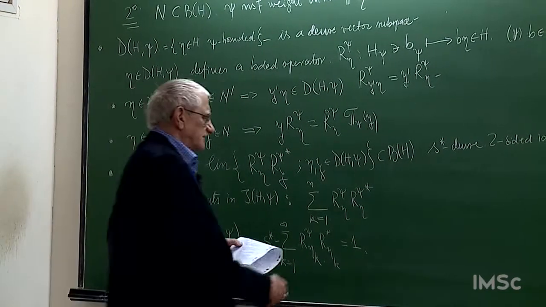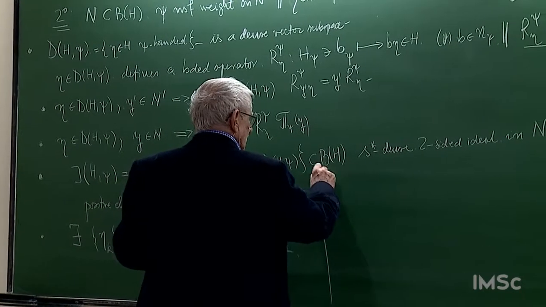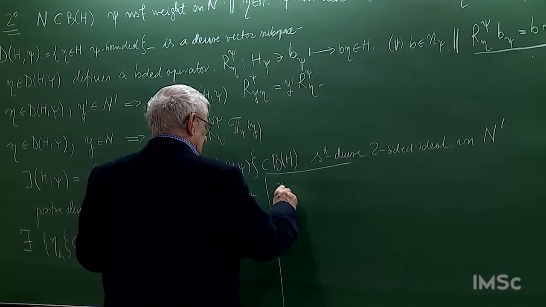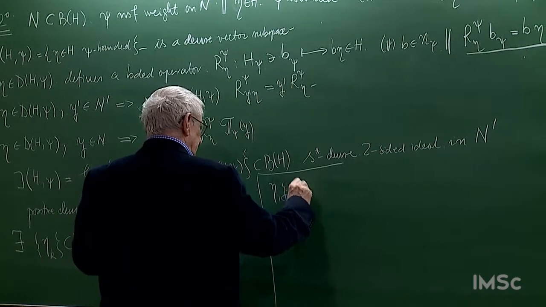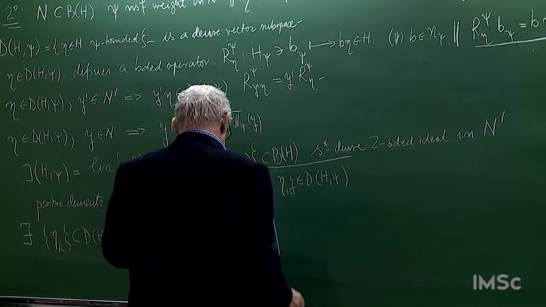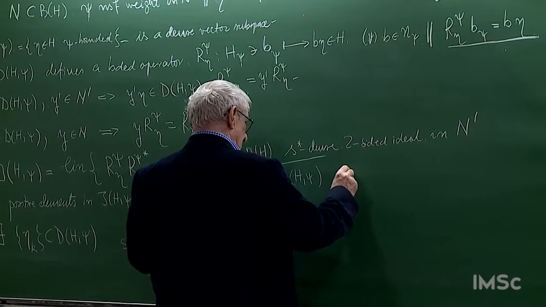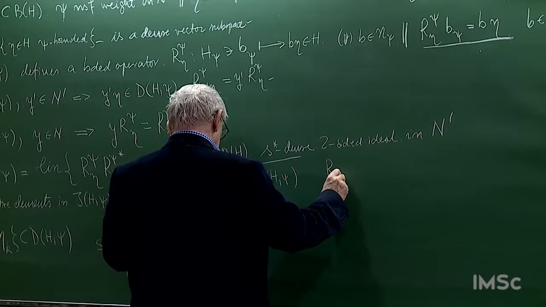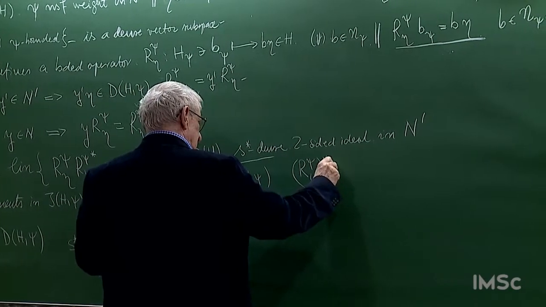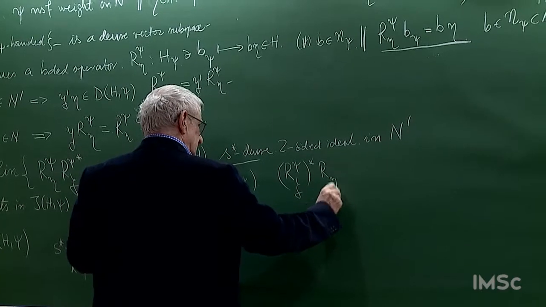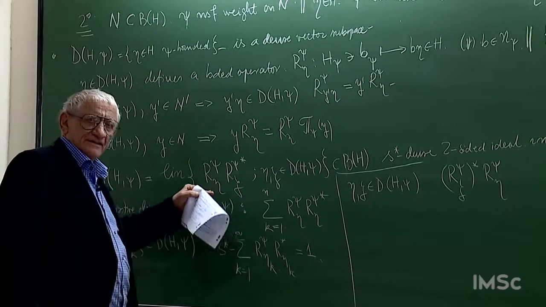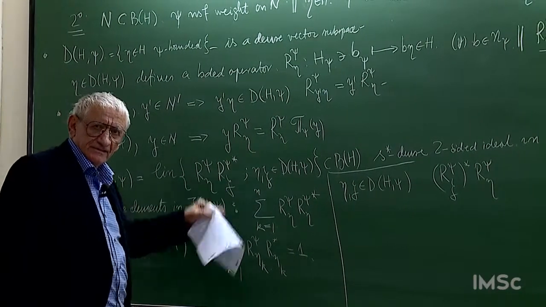Okay. There is just one more thing to be pointed out, namely for eta and zeta in the domain D(H,psi), you have R^psi(zeta)* R^psi(eta), you see, the other order, like here.